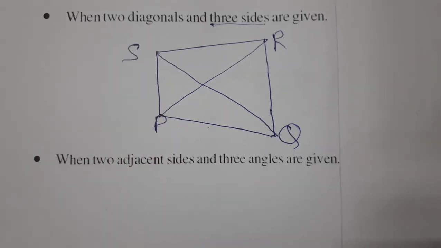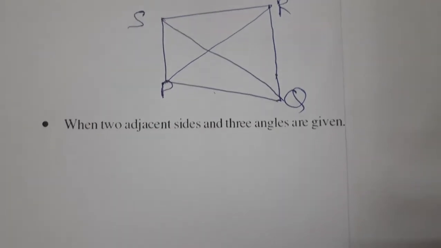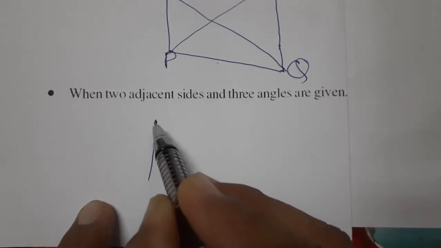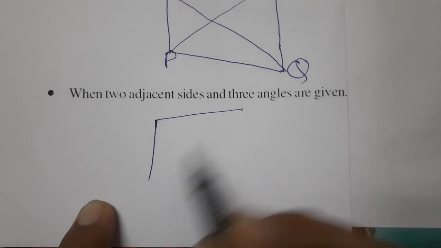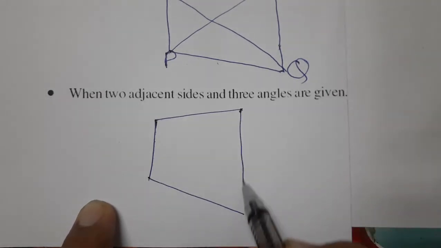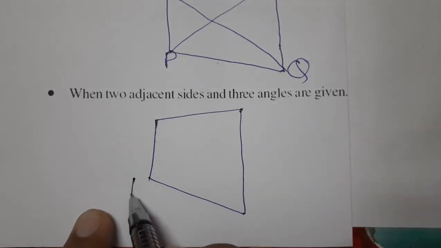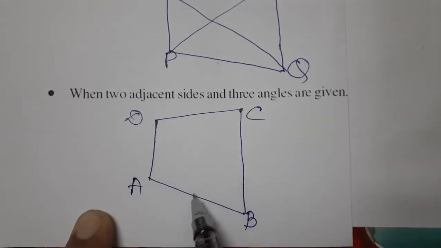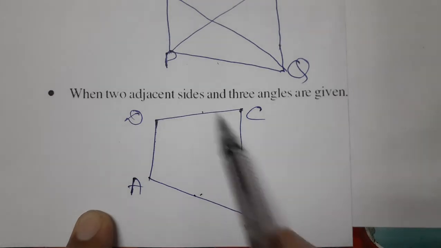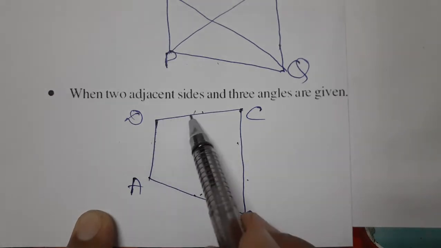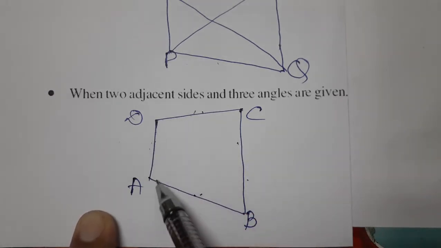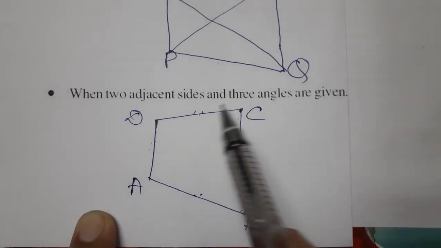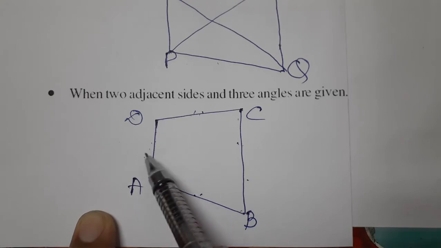Now the third one, when two adjacent sides and three angles are given to us. Any two adjacent sides: AB and BC, or BC and CD, or CD and AD, or AD and AB.